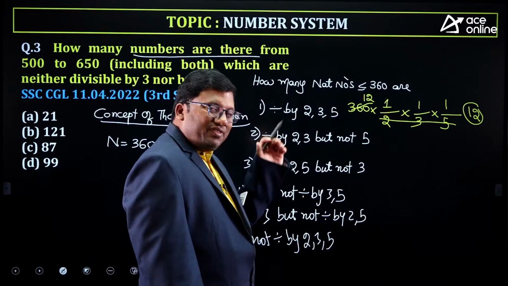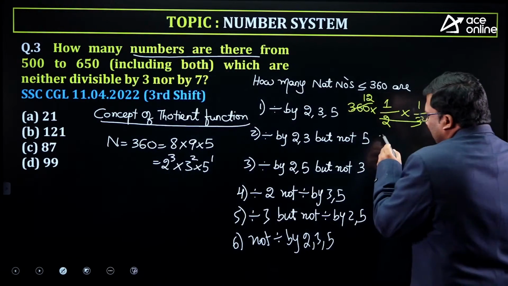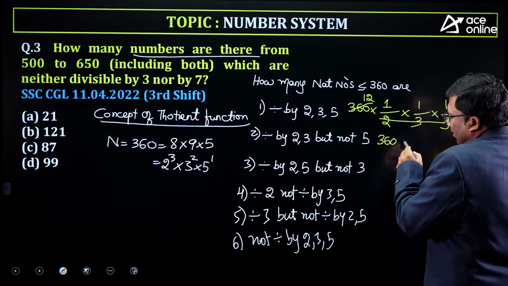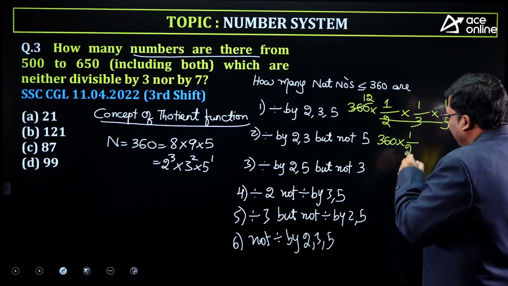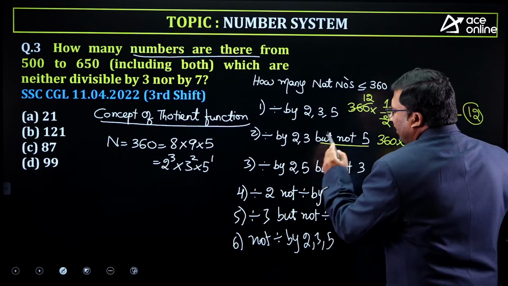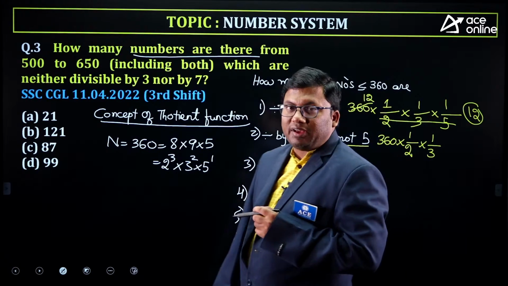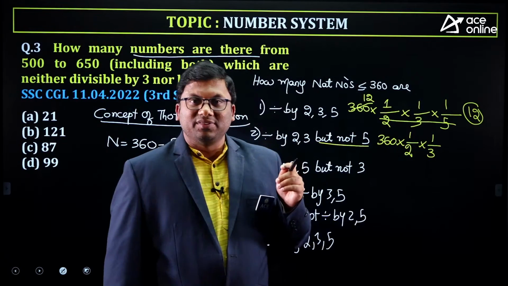Now see here, it is very easy. Divisible by 2, 3. Total 360 numbers are written. For every 2 numbers, one number is divisible. For every 3 numbers, one number is divisible. But not by 5. For every 5 consecutive numbers, one number is divisible by 5.